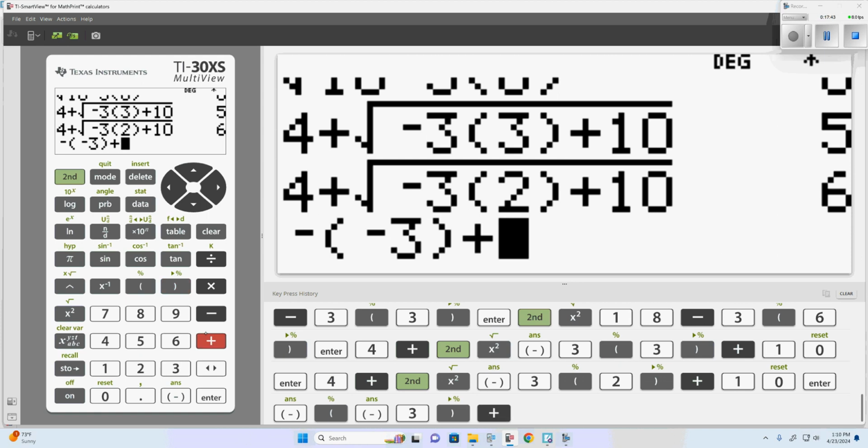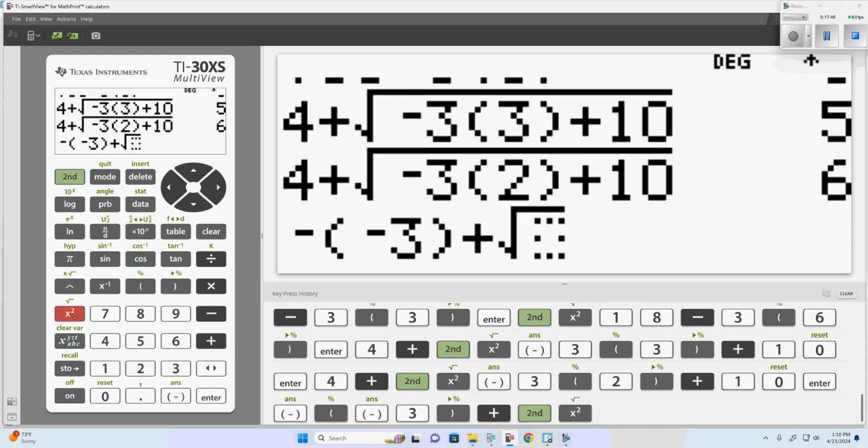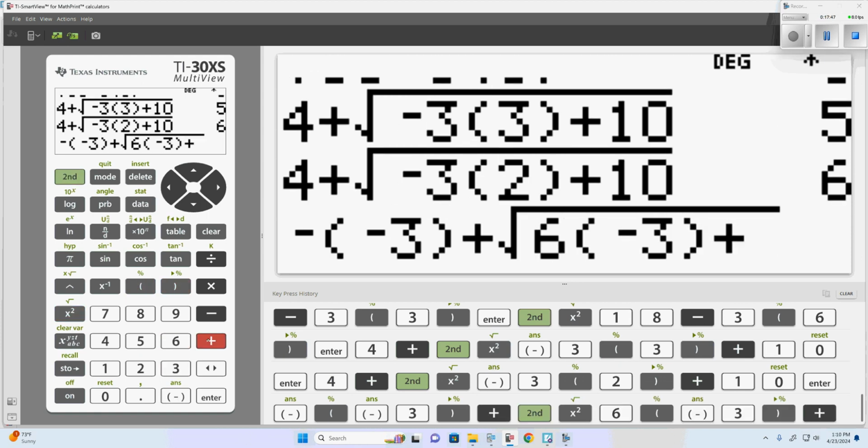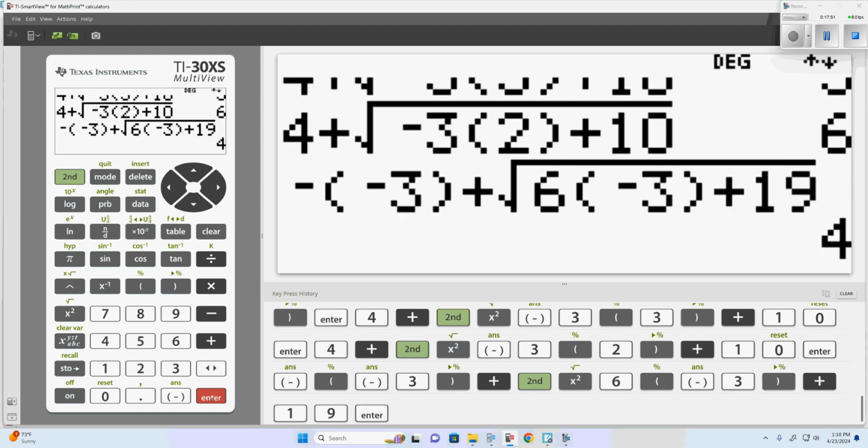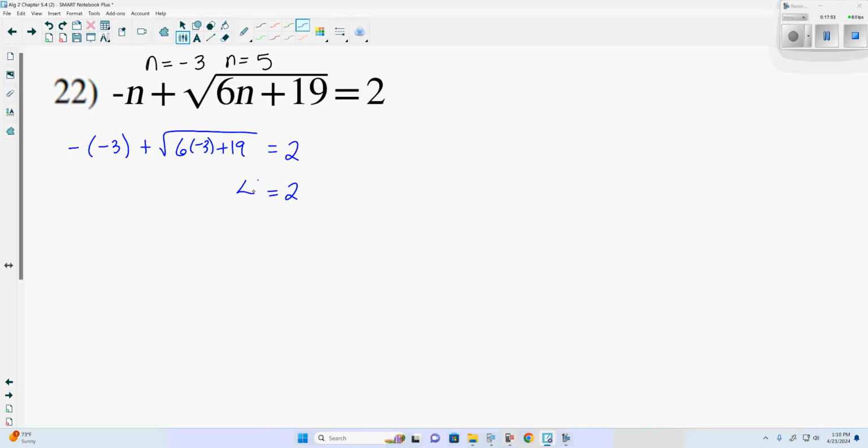Negative 3 plus second square root 6 times negative 3 plus 19 is, so is 4 equal to 2? No.